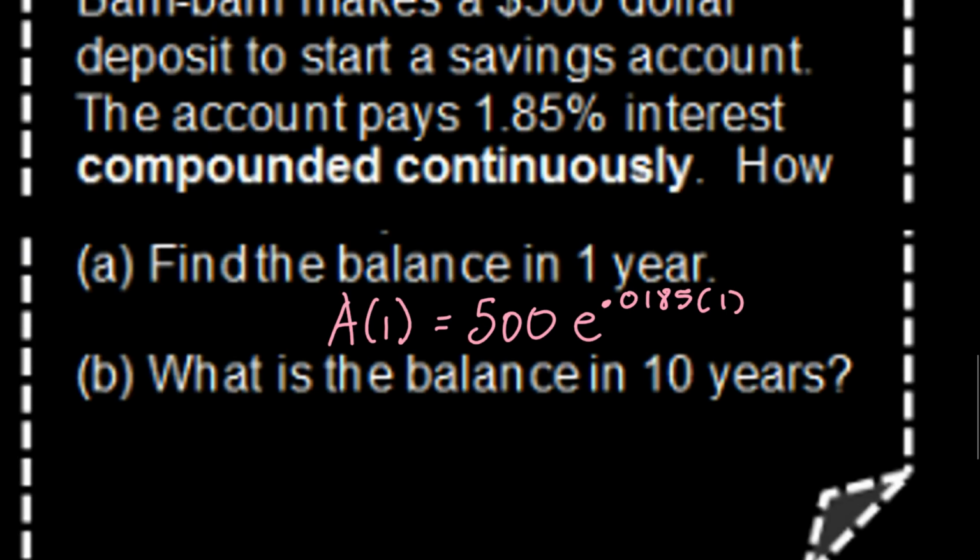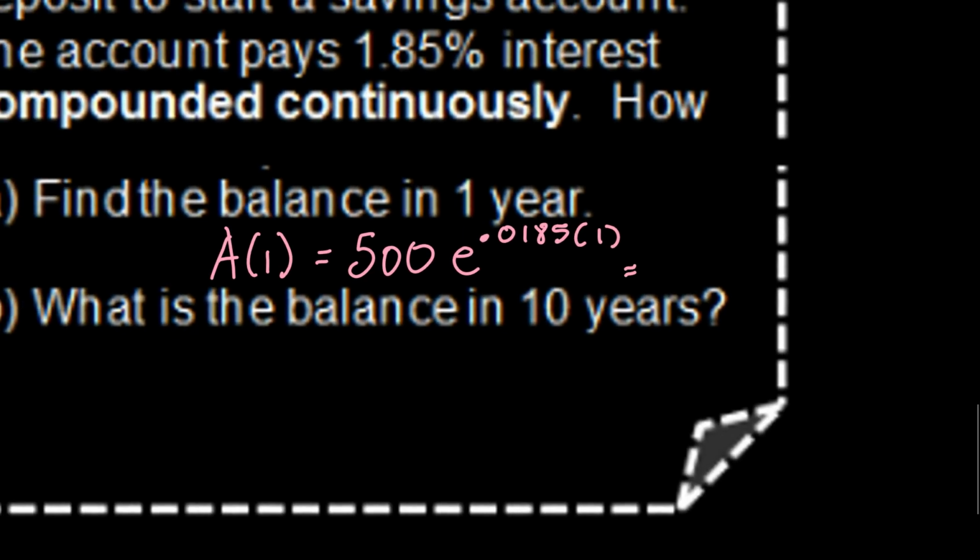So we plug that in our calculator, and how much has she earned after 1 year? The balance? Okay, yeah, balance. 509.33. Beautiful. So if it asks us for how much she earned in 1 year, we would have to subtract 500 from that. Yes.